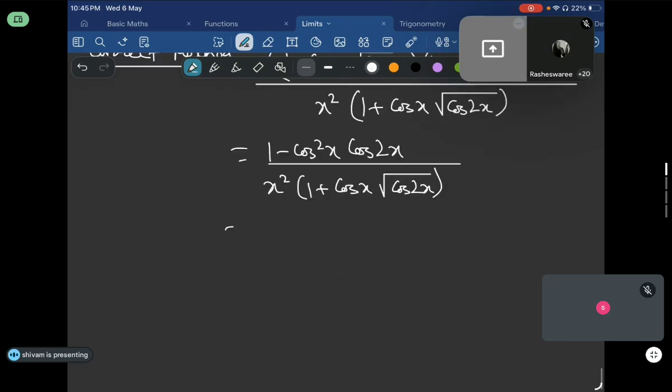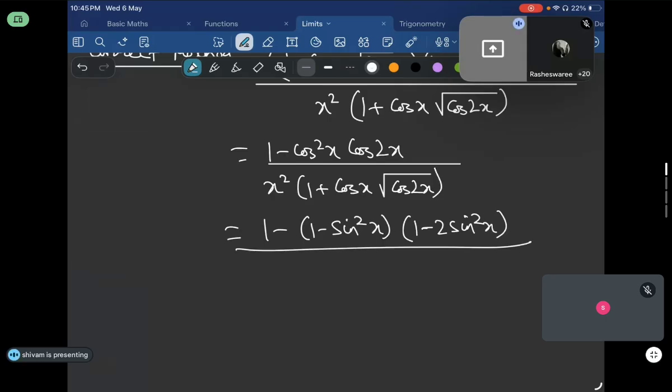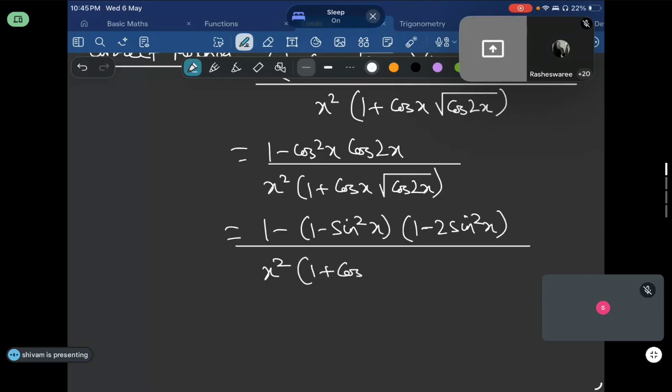Next, in the numerator 1 minus cos square x, can I write it as 1 minus sine square x? Let us convert everything into sine square. 1 minus sine square x, and cos 2x can be written as 1 minus 2 sine square x, divided by x square into 1 plus cos x into root over cos 2x.